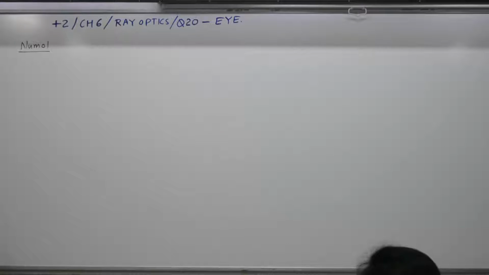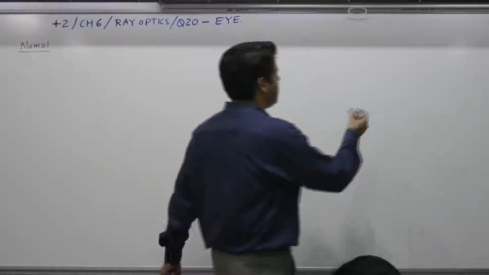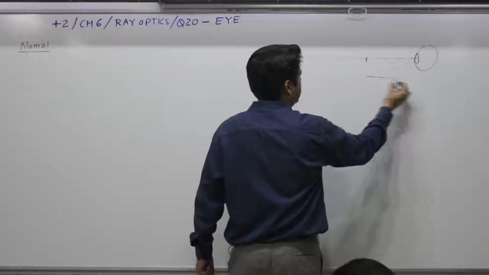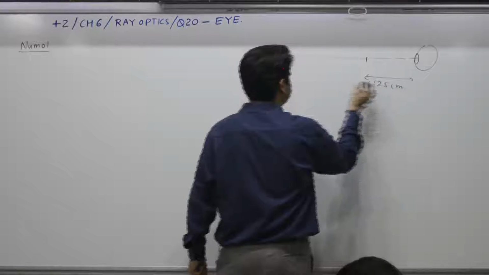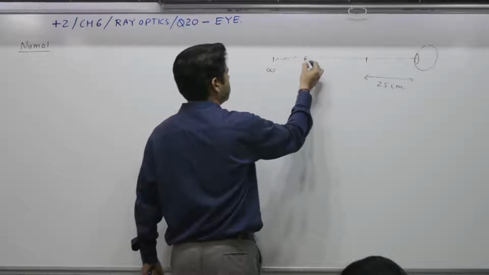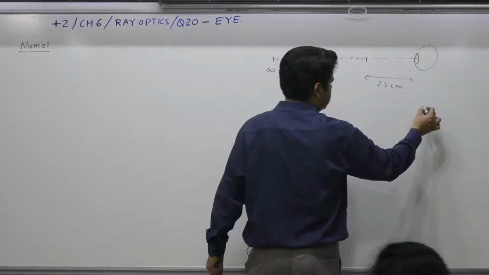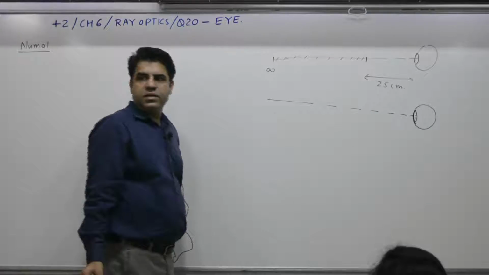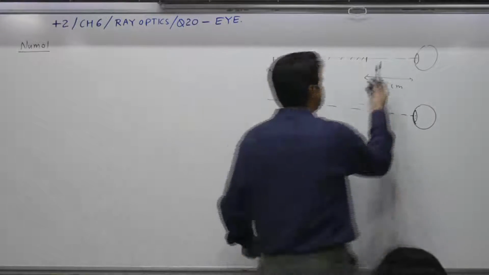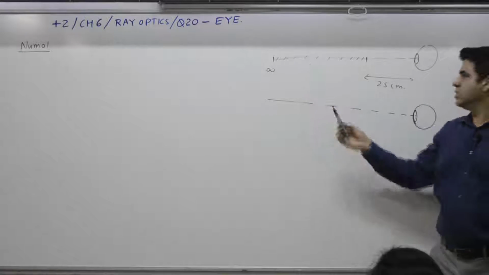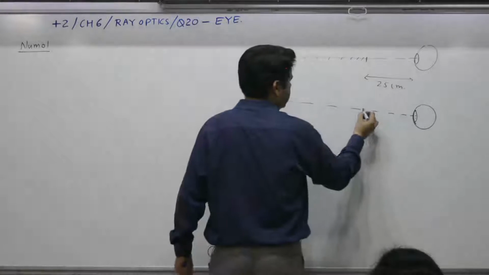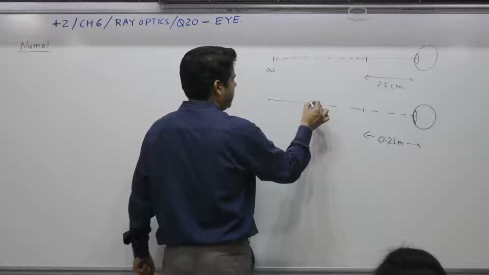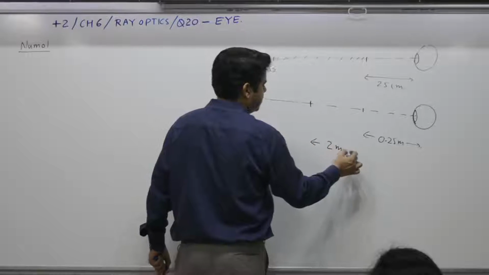What is given is the normal eye, 25 centimeter to infinity. Draw this. What about this defective eye? It cannot see beyond 2 meters. So this is 25 centimeter or 0.25 meter, and the far point for this person is 2 meters.